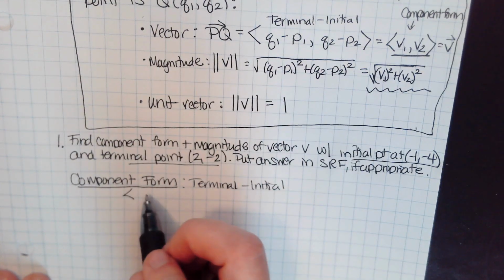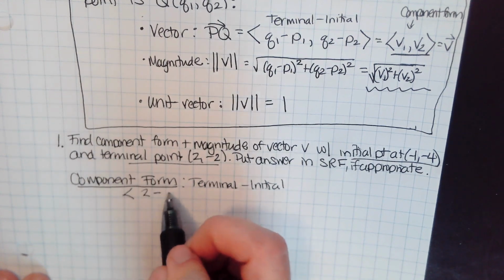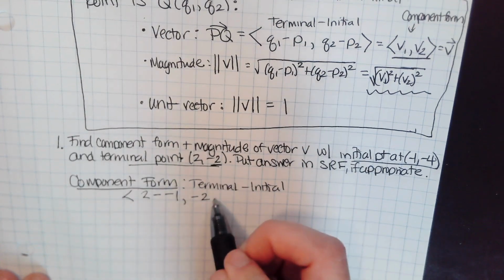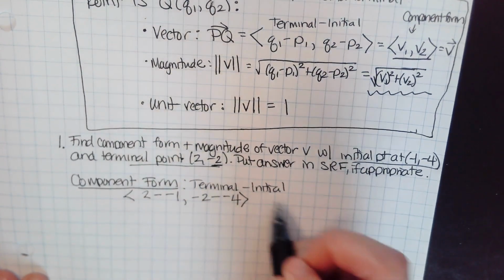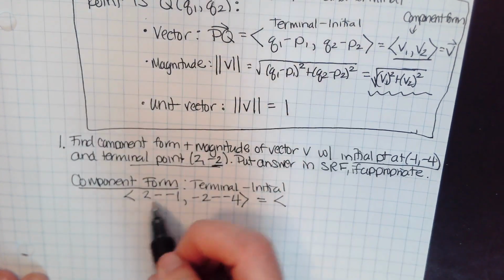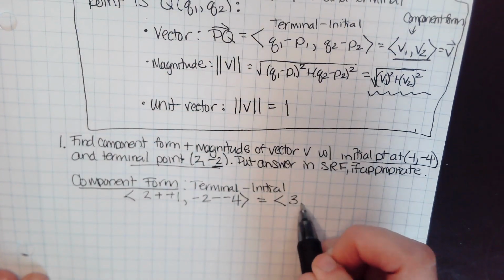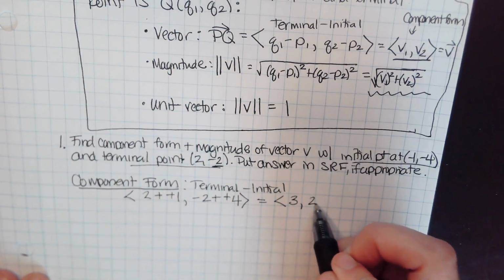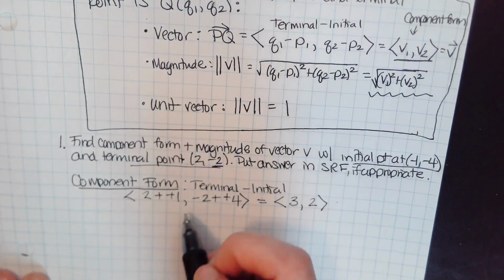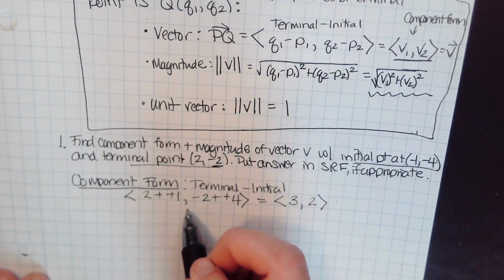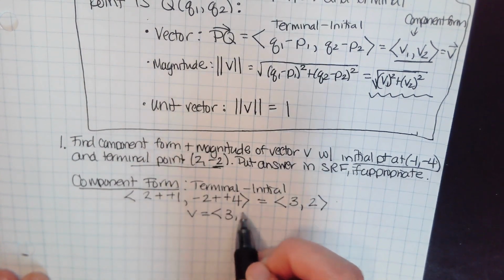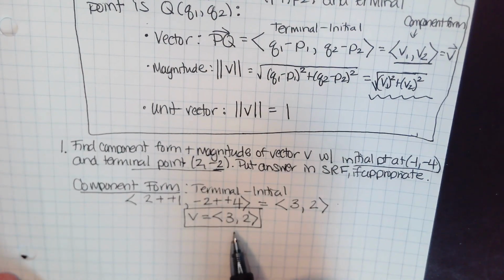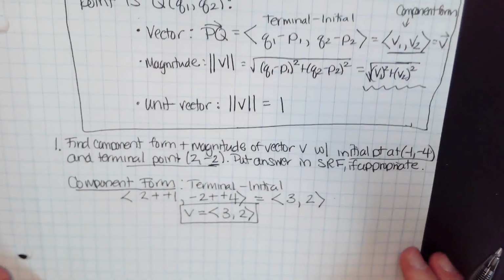So we take 2 minus -1, and -2 minus -4. 2 minus -1, double negative becomes a positive, gives 3. And -2 plus 4 is just 2. So this vector v in component form would be <3, 2>. What that means is it has an initial point at (0, 0) and a terminal point at (3, 2).